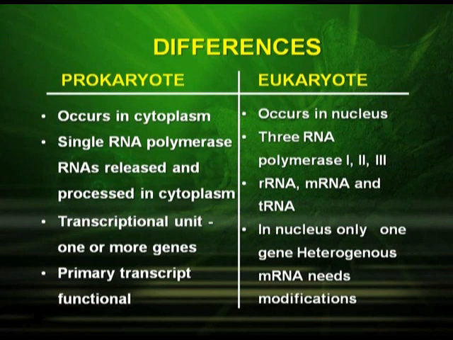In prokaryotes, the RNA is released and processed in the cytoplasm, and the transcription unit has 1 or more genes. On the other hand, in eukaryotes, there is only one gene. The primary transcript is functional in the case of prokaryotes. On the other hand, in eukaryotes, heterogeneous mRNA needs further modifications.